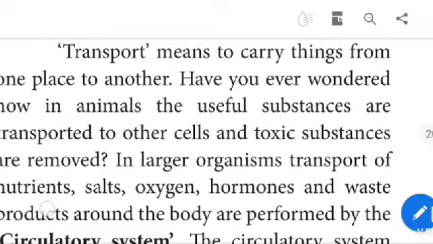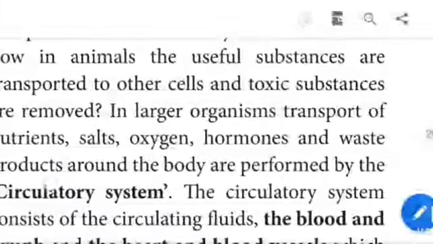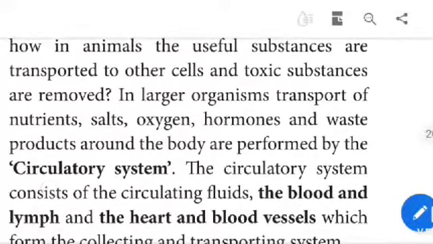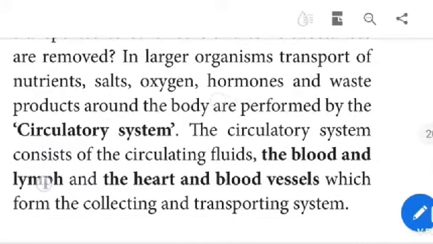Have you ever wondered how in animals the useful substances are transported to other cells and toxic substances are removed? In large organisms, transport of nutrients, salts, oxygen, hormones, and waste products around the body is performed by the circulatory system.